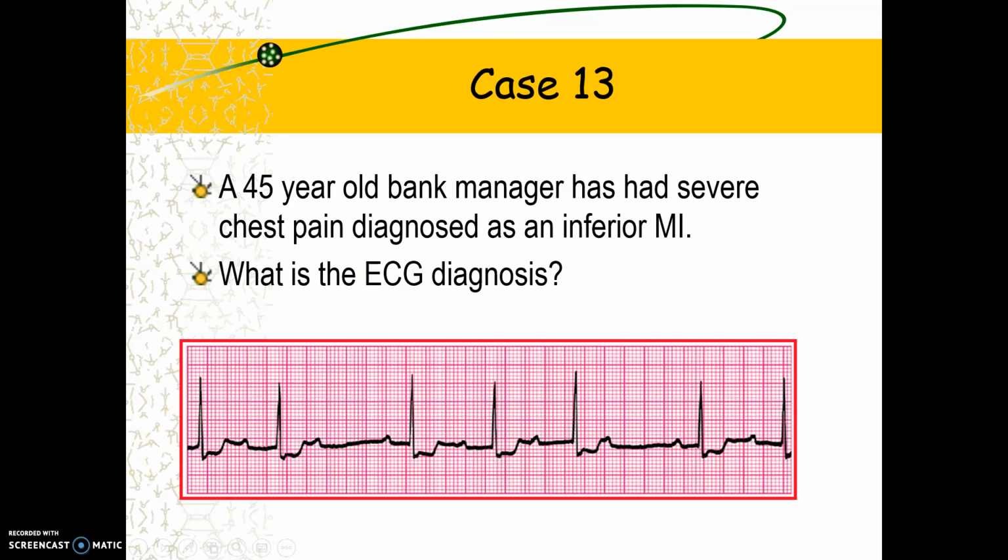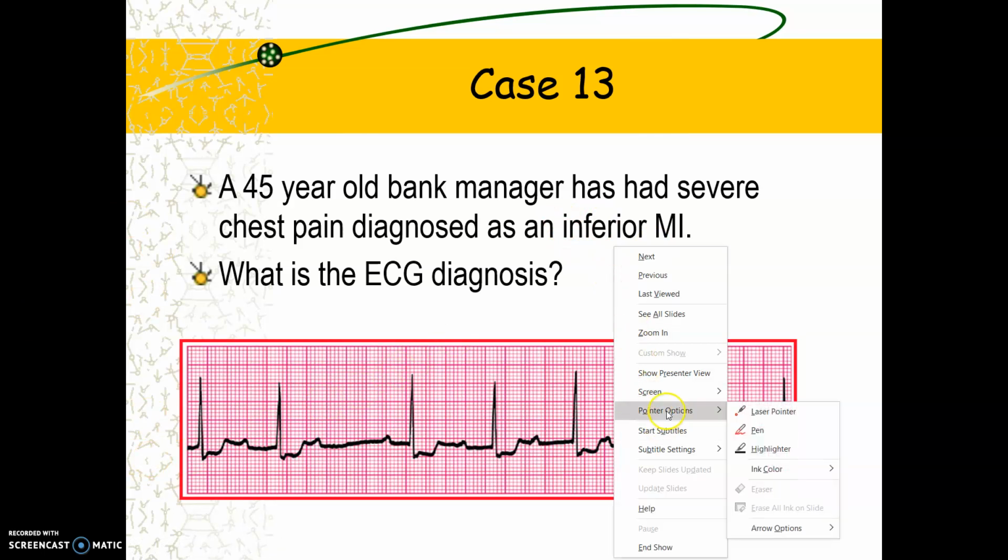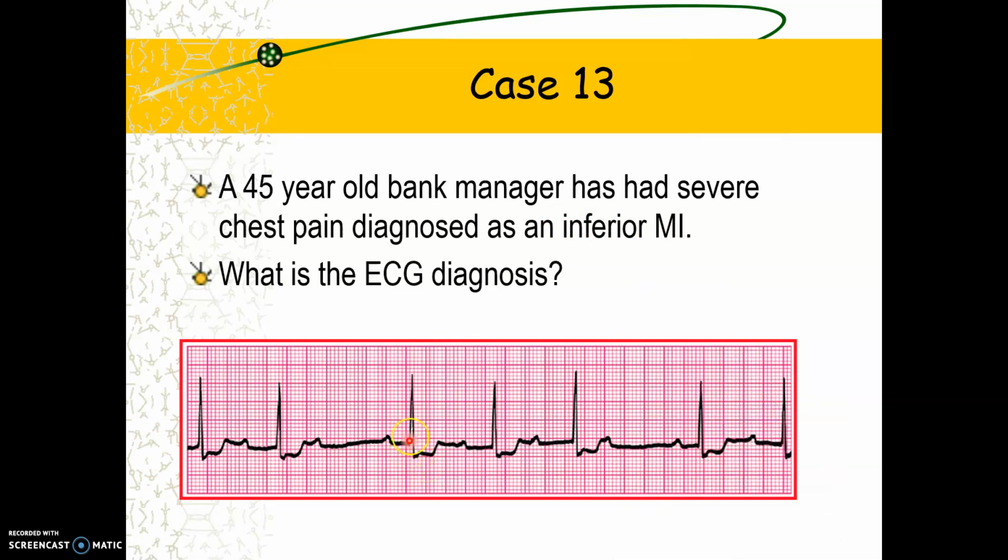Let me just get my pointer. Now, if you look at this PR, this one is a bit longer, this one is a bit longer, and then we have a P wave with no QRS. So this is drop beats, but there's progressive prolongation of the PR interval until a beat is dropped. That defines second degree heart block, Mobitz type 1 or Wenckebach.